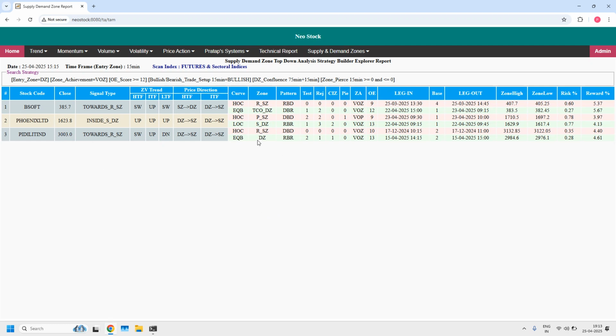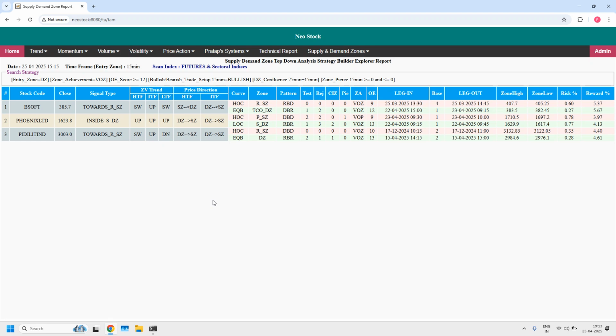In these 3 stocks, these 15-minute demand zones are overlapped with 75-minute demand zones. And the 75-minute trend is up in all the 3 stocks.